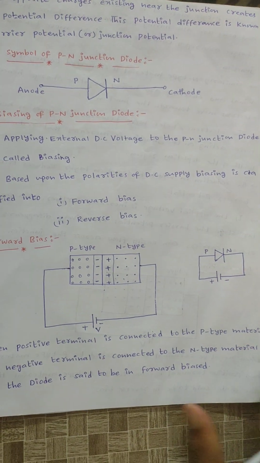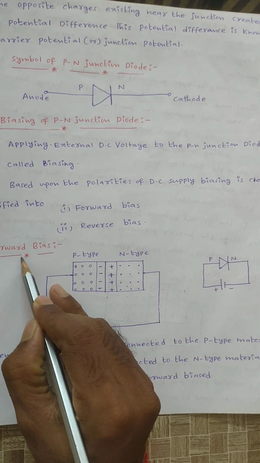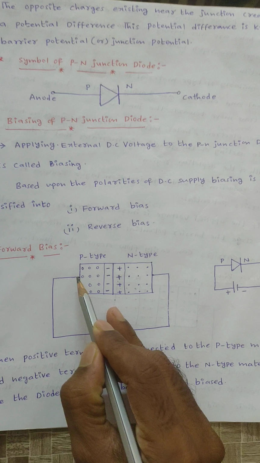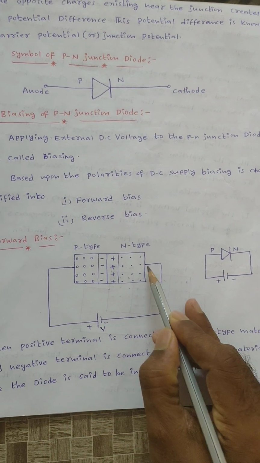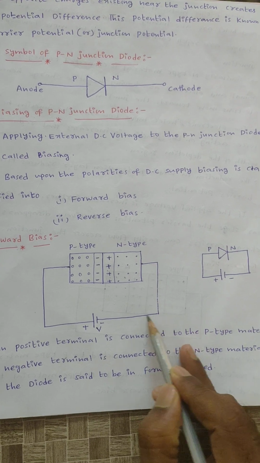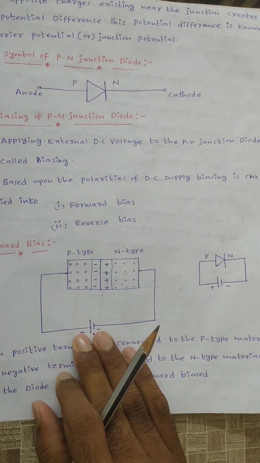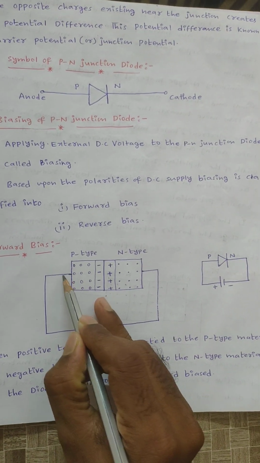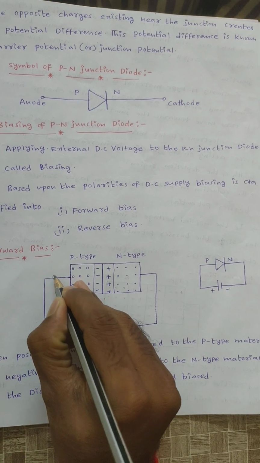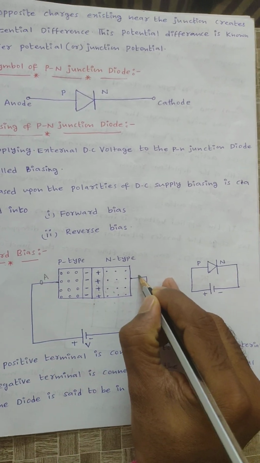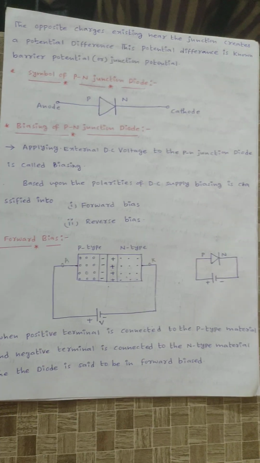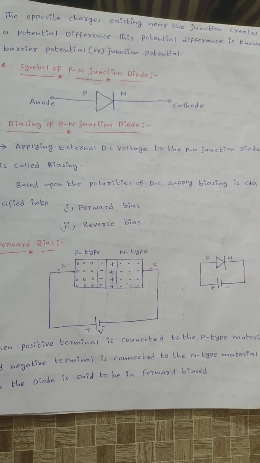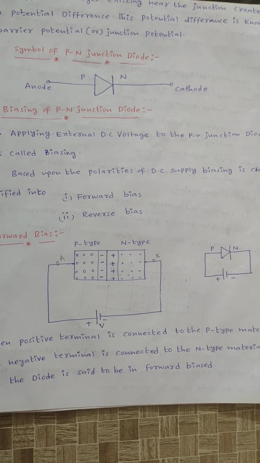Now, forward bias is when the P type material is connected to the positive terminal of the battery and the N type material is connected to the negative terminal of the battery, or the anode A is connected to the positive terminal and the cathode K is connected to the negative terminal of the battery. Then the diode is said to be in forward bias.